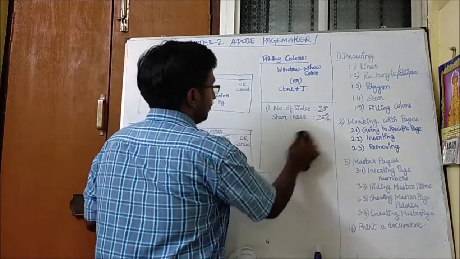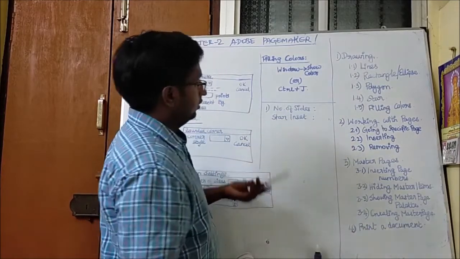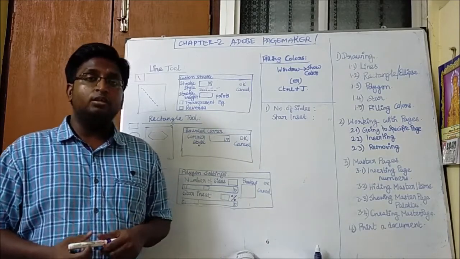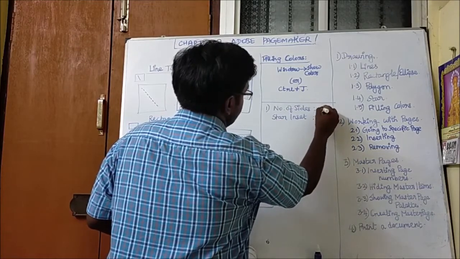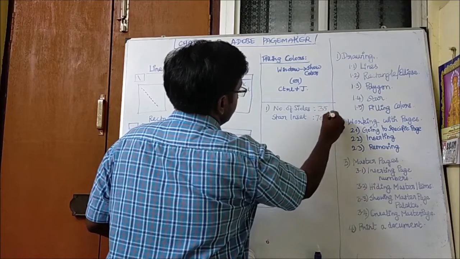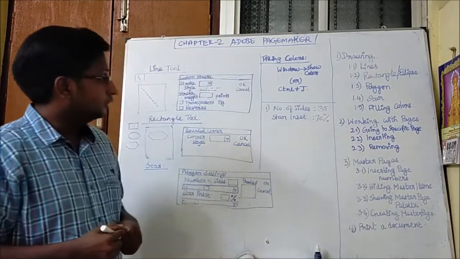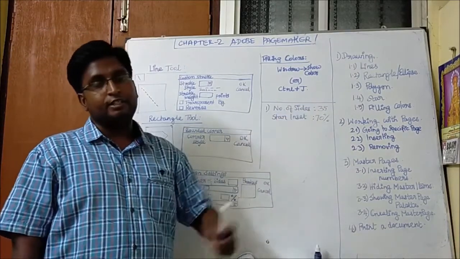In the third example, they have given wrongly, it is a printing mistake. So the number of sides will be 35 and the inset is 70%. They have given star inset as 35% and the number of sides as 70.